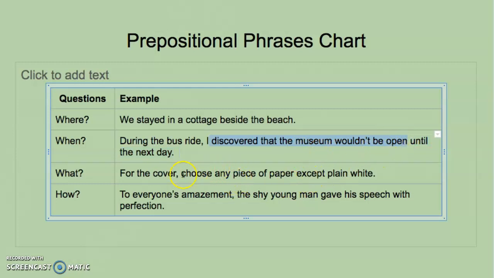"Choose any piece." And "the shy young man gave his speech." Using prepositional phrases makes our writing clearer by giving readers necessary information about the people, places, objects, and events in our texts.